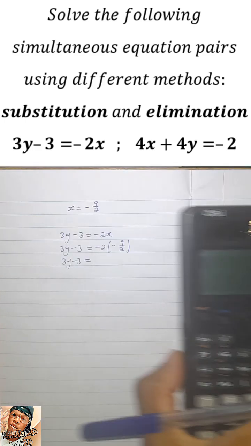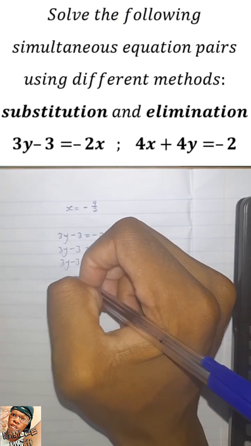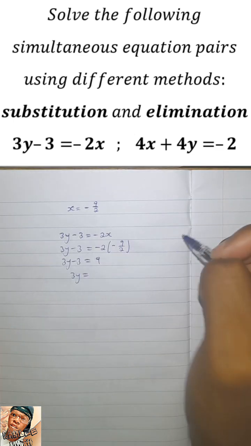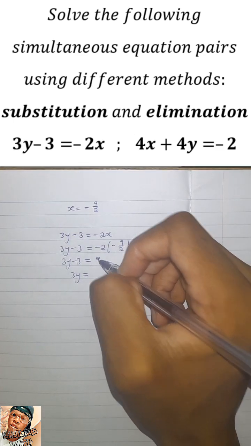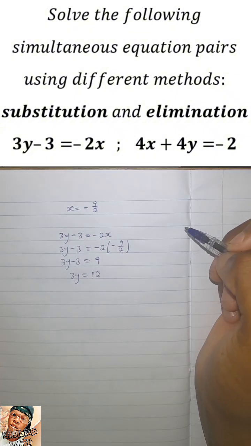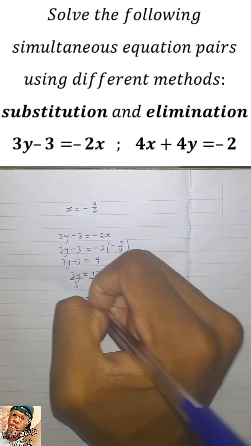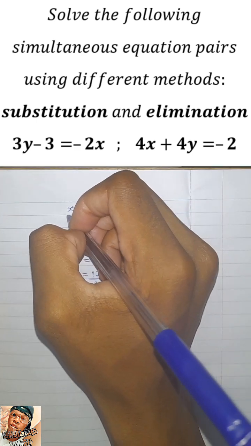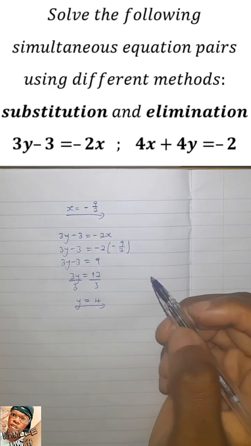And then 3y is equal to 9 plus 3, when you take -3 to the right hand side it becomes positive, that's 12, right? And then dividing both sides by 3, we get y is equal to 4. So we had found x to be -9 over 2. Now we have found y to be +4.